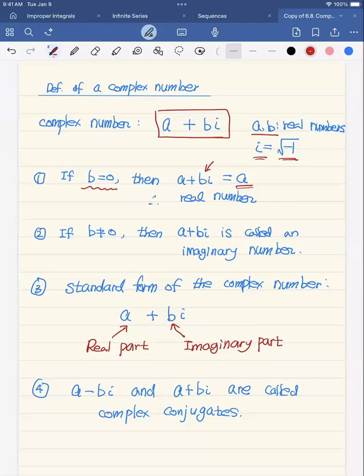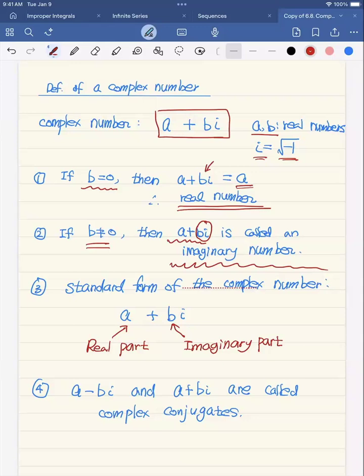So when b equals 0, that is a real number. If b is not equal to 0, then at least the term bi will not disappear. So in that case, we say this a plus bi is an imaginary number.